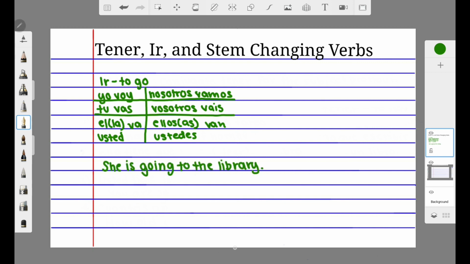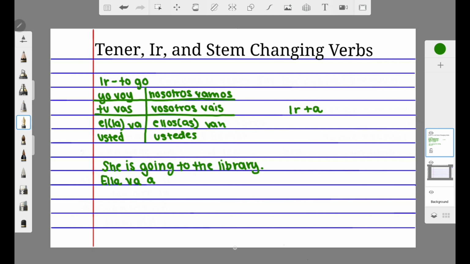Now let's translate the sentence, she is going to the library. So ella, the is going part is what we are going to look at here. Ella va, so ella va a. So the thing with ir is whenever you're using it, unless you're using it in the infinitive form, if you're conjugating it, know that it has to be the conjugated form plus a.